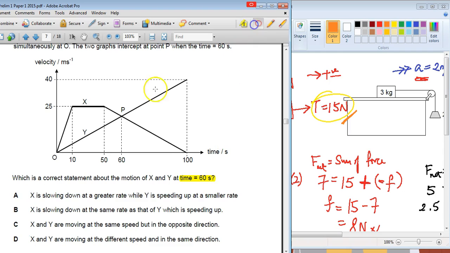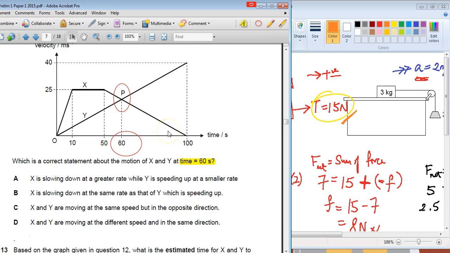So t equals 60 is right here, meaning that the point that we are interested in is here, and immediately you can make some conclusion. For example, since the y-axis is velocity, it means that at point P, both x and y are sharing the same velocity, meaning the same speed.